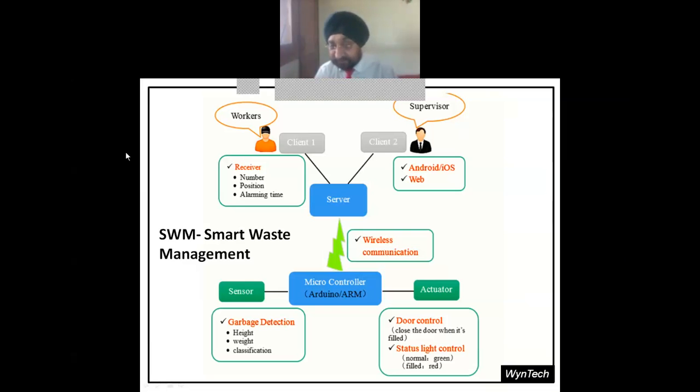But if that garbage is an input to a factory which is doing recycling, and there is no input to the factory, for example if you are making biogas or electricity with the garbage, the unit will get closed down because there is no garbage. So even if the garbage is at half level, we can empty it. Why I am telling all these things is basically smart city is not only to provide facilities. It is a decision taking thing also.